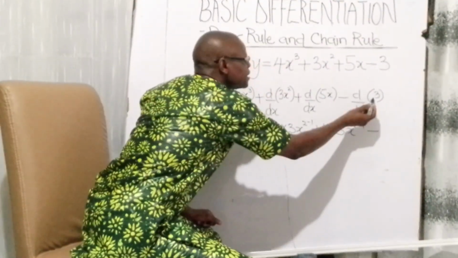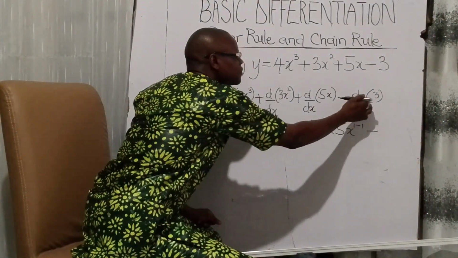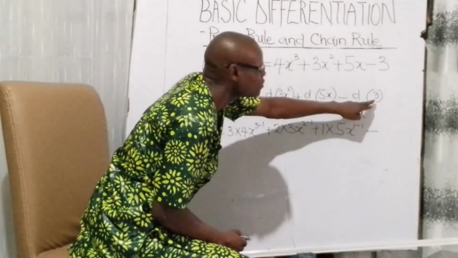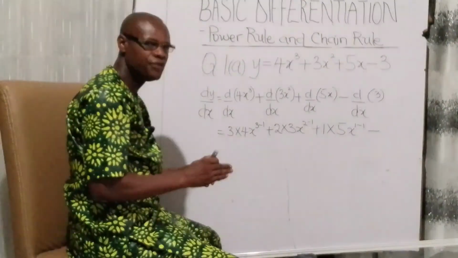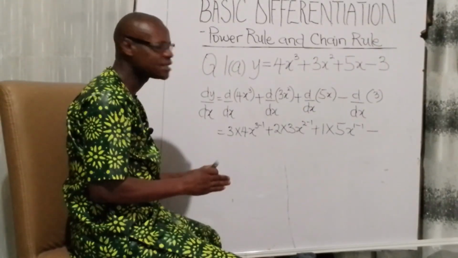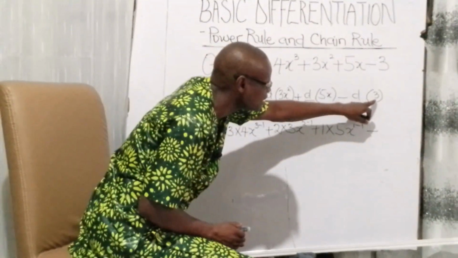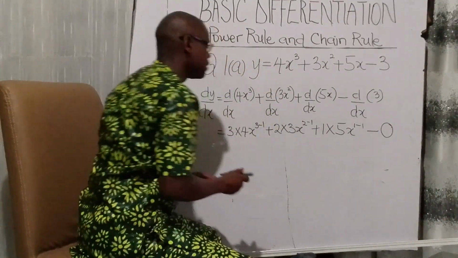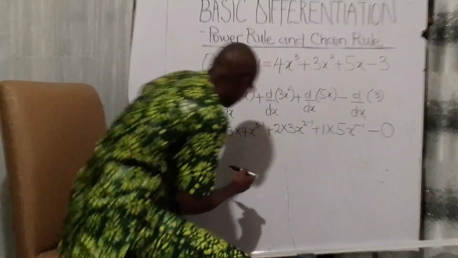Then in the last case here, we can easily see that this is a constant because it has no variable x written beside it. So whenever we are differentiating a constant, what we have is always 0. So let's try to simplify further here.